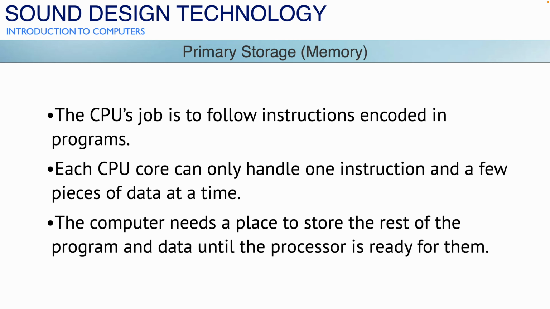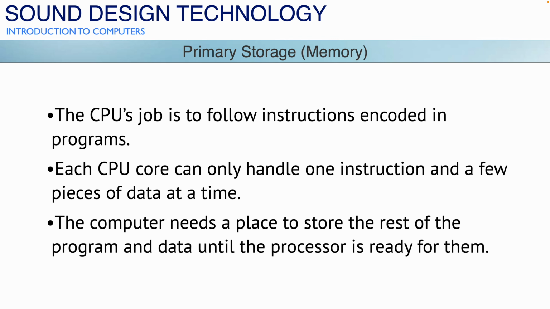So, a little bit more about the CPU. The CPU's job is to follow instructions. That's what it does. It follows instructions that are encoded in things called programs. And each CPU can only handle one instruction and a few pieces of information at a time.